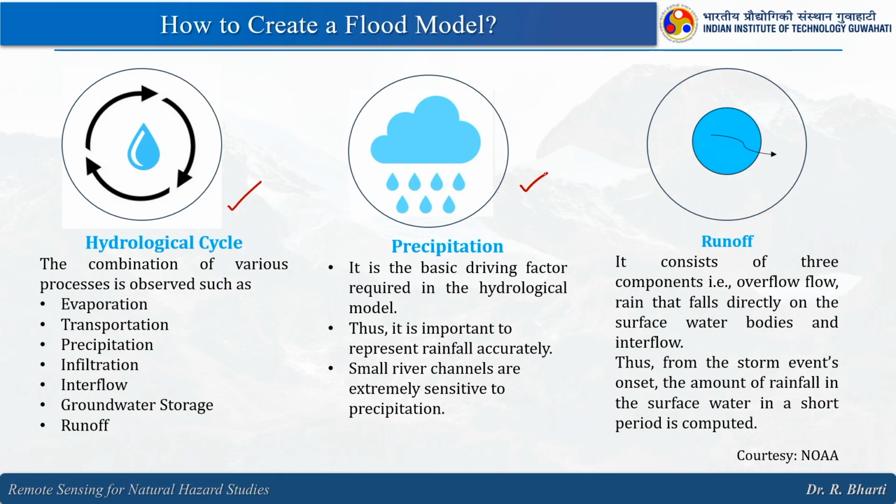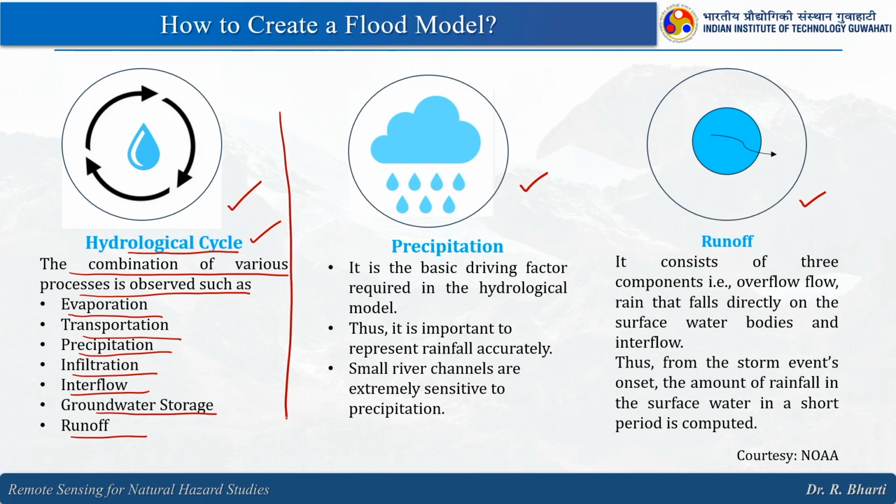The knowledge about the precipitation, knowledge about the runoff, that is required. So when we talk about this hydrological cycle, we include evaporation, transpiration, precipitation, infiltration, interflow, groundwater storage, runoff, all these are explained here.